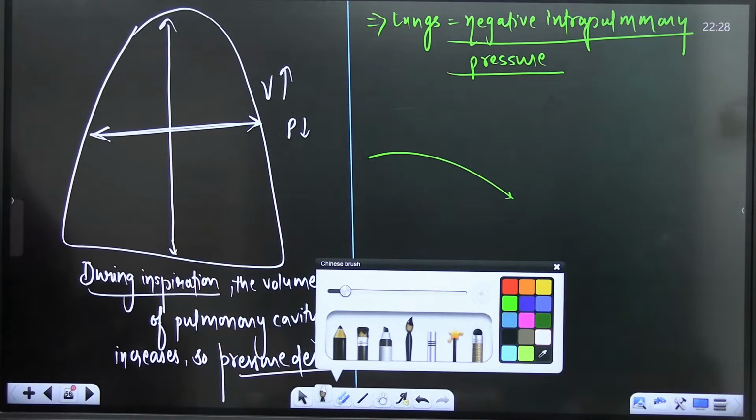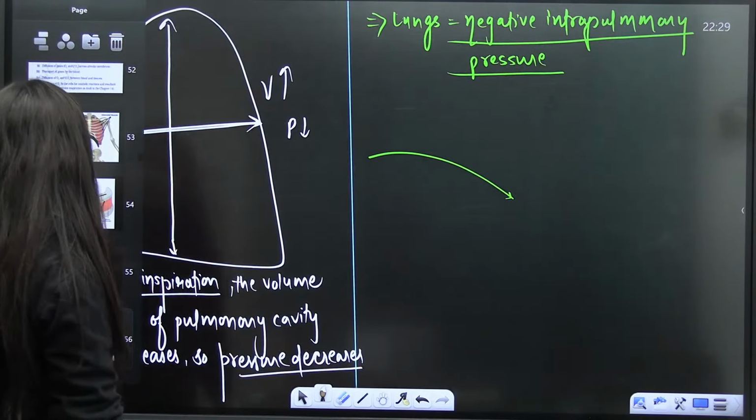It is an active process. These are the points that you have to remember. Is that clear? Sure? So inspiration is an active process, students.